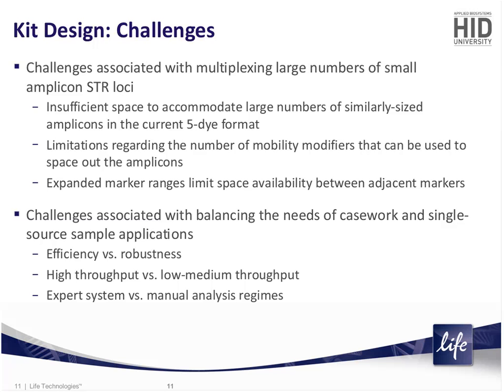For casework, a much more manual analysis regime is often needed because it requires the expertise of the analyst to conduct the interpretation successfully. So when you look at all those challenges, building such a multiplex system, whilst it might sound simple on paper, does actually pose a number of challenges to the development team.